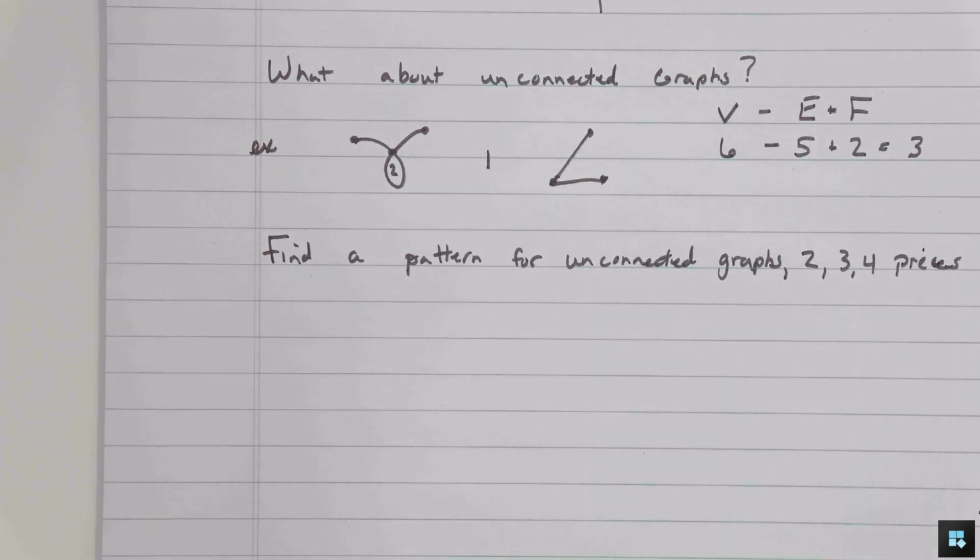Okay, with the single connected graph, we were able to see why. See if you can figure out why with 2 or 3 or 4 pieces. I'll come around and see how you're doing, see if you need help at all.